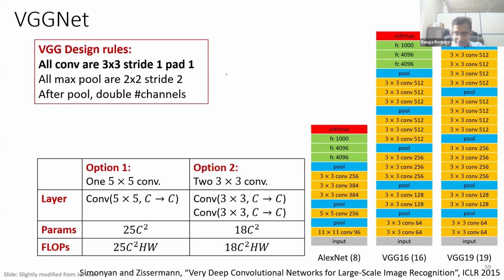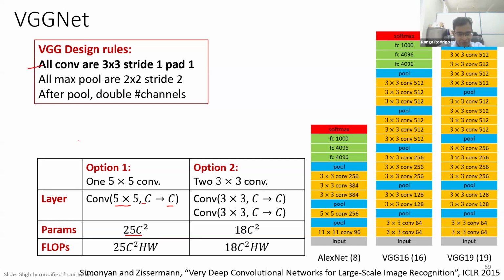Okay, so just to study why these 3 by 3 convolutions, stride 1, pad 1, are okay, let's consider a 5 by 5 convolution. If you do a 5 by 5 convolution from C channels to C channels, how many parameters will you have? C squared times 25 parameters.